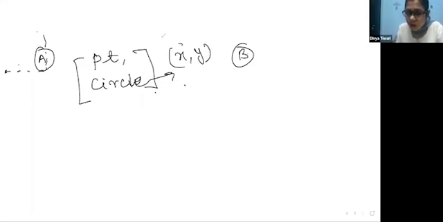So now you can see that these two branches are connected together. Circle is a shape, whereas x and y are the variables. In this way they are connected, and another branch of mathematics was introduced, that is coordinate geometry. Now I hope the basic application or the basic purpose, what is coordinate geometry and where we see it, is clear to all of you.